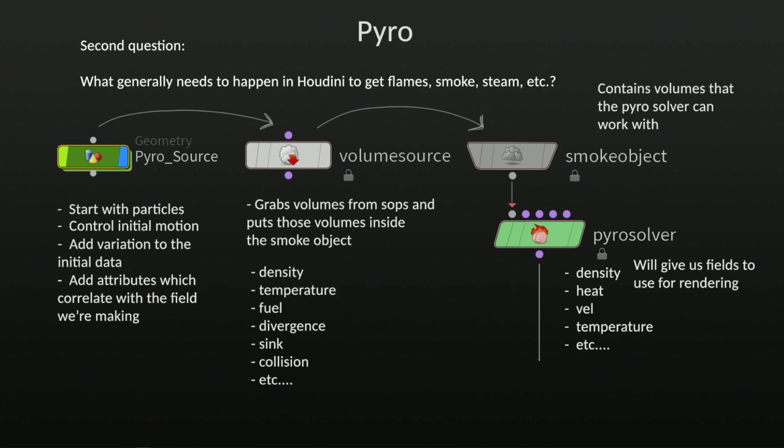This will help break up our simulation to start. And then once we have the attributes on these particles, we're going to rasterize them. That means turn them into volumes so that now it can go to the volume source, go to the smoke object, go to the Pyro solver, and we're left with our final result.